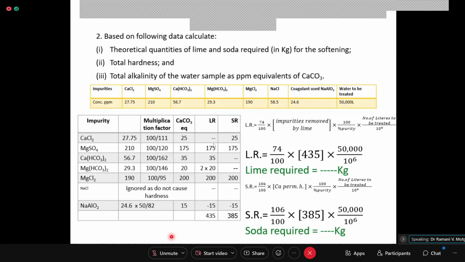Now this NaOH, if it is coming and you are deducting from here, that means if you add lime, you are adding calcium. So that much quantity of soda is also required less. Are you getting?